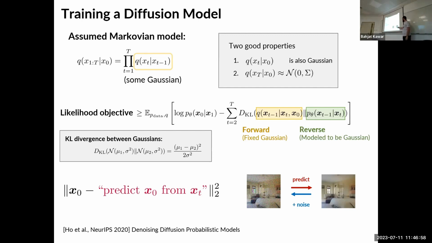So given your training sample, you add some noise, you get xT, and your model is going to try to predict x0 from xT. It's basically a denoiser. We've been working with these for more than 10 years now in the context of deep learning, and even longer in a wider context. So you're just training a denoiser, and this is going to be your engine to generate images. That's the core idea of diffusion models.